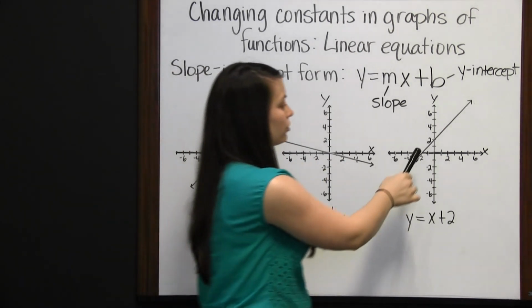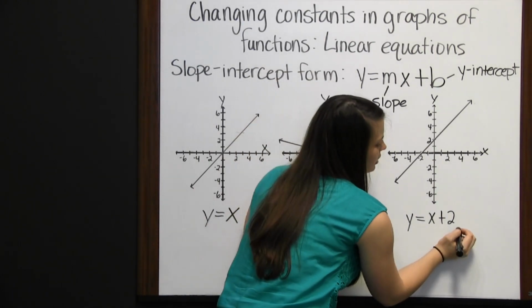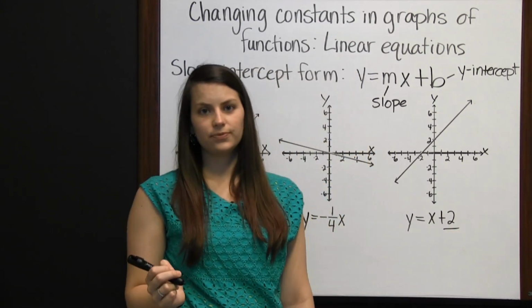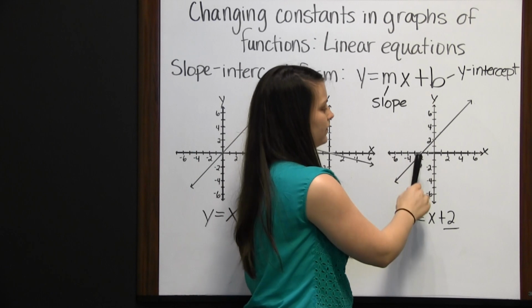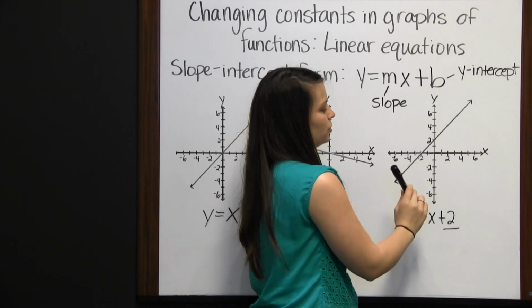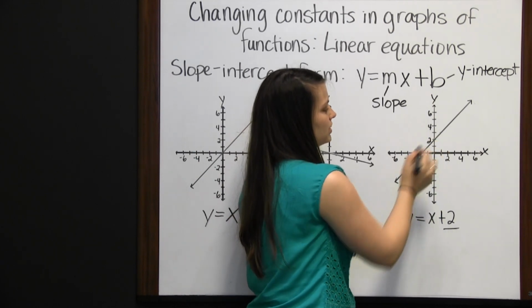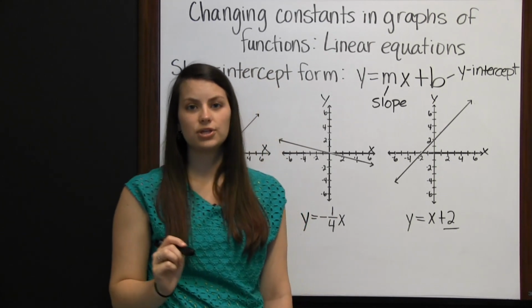However, in the third graph, the y-intercept is 2, which is why this graph has been shifted up 2 places to intercept the y-axis at 2.